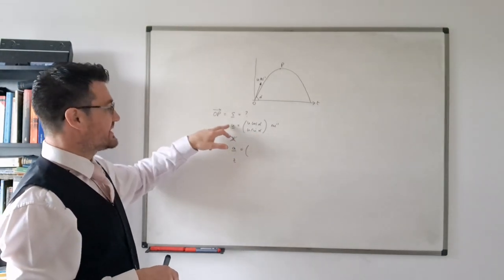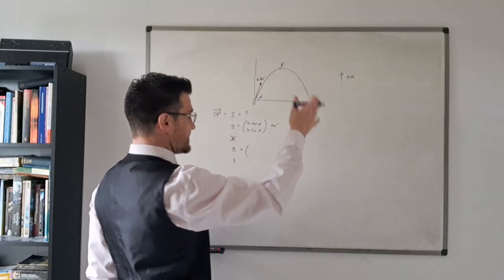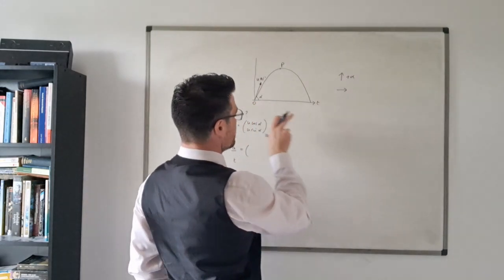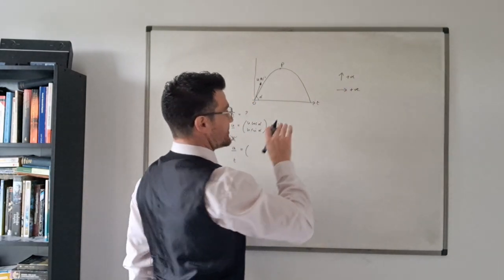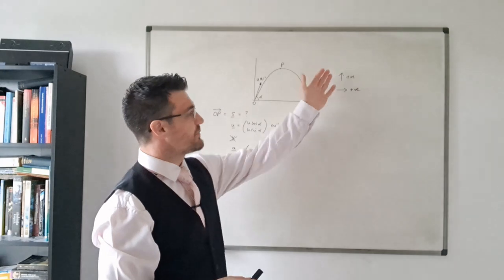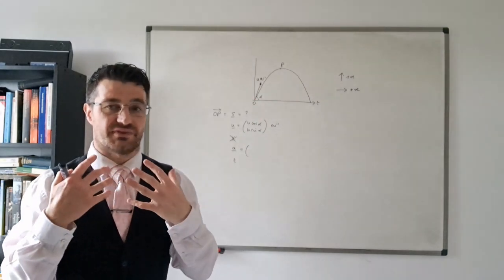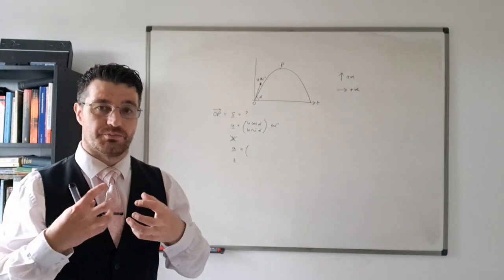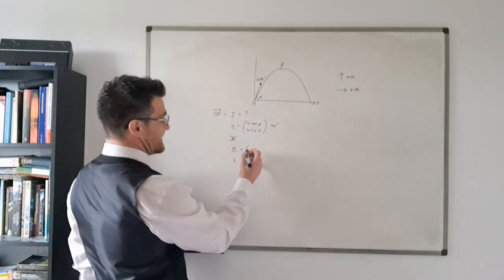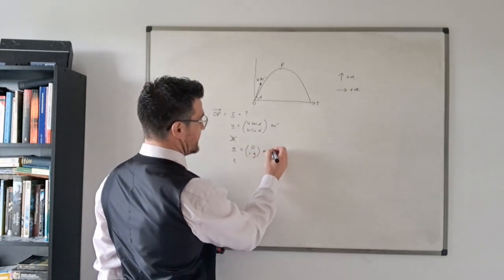I'm subconsciously taking upwards as my positive direction in the vertical direction, and from left to right as my positive direction in the horizontal direction. Maybe be aware of this on some level, even if it's not a conscious awareness. Just be aware that you do need to have selected positive directions in the vertical and horizontal direction. Okay, so the acceleration here is going to be 0, minus g meters per second squared.